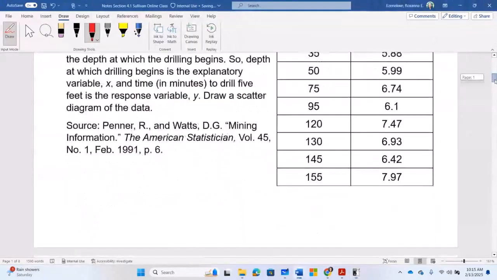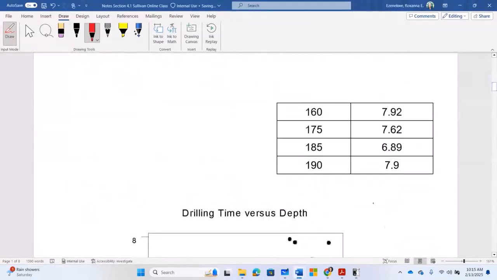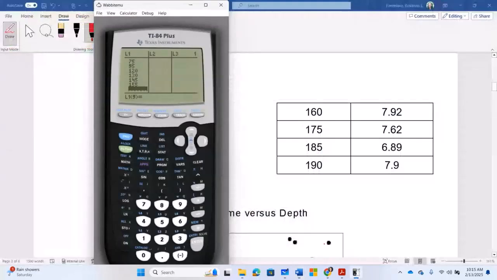After 155, there are more down here. After 155, we have 160, 175, 185, 190. So there are 12 of them.